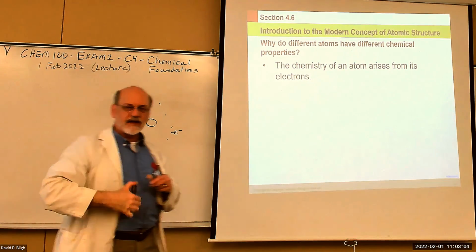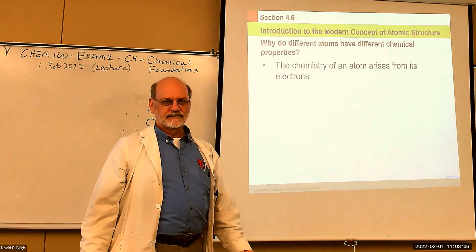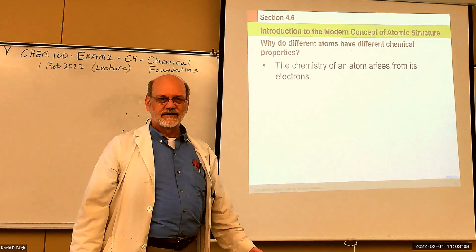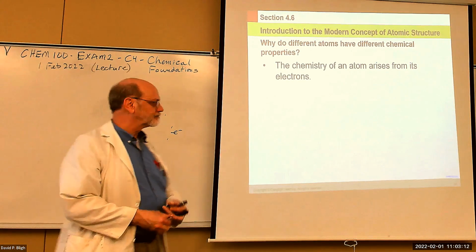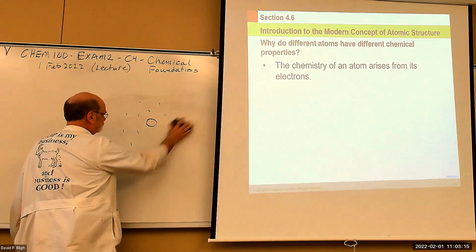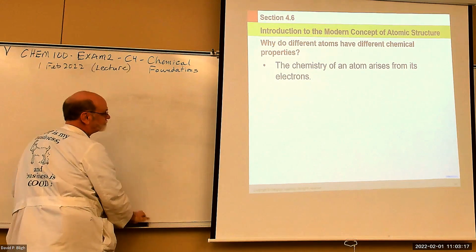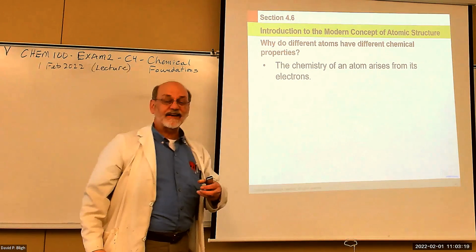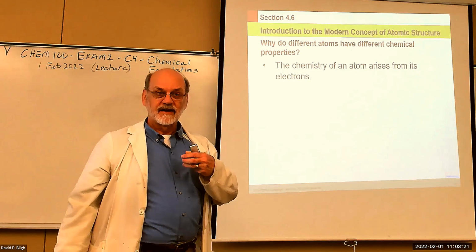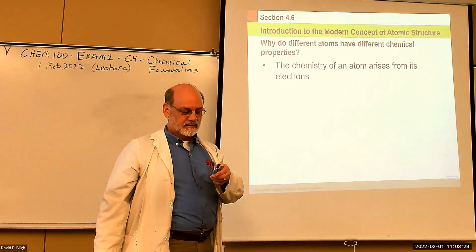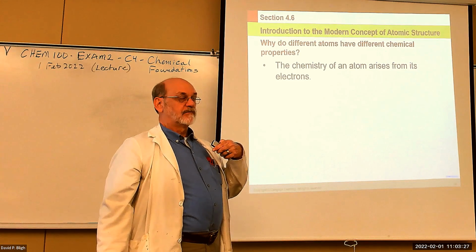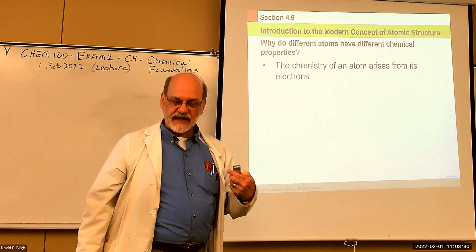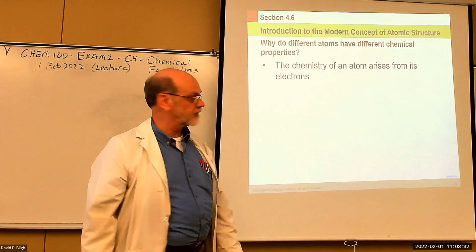when two atoms come together, what do they see? They see electrons. So the electrons, that's where the chemistry happens. So we need to know more about the electrons and how they behave in a reaction to even quantify the chemical behavior of one element versus another.